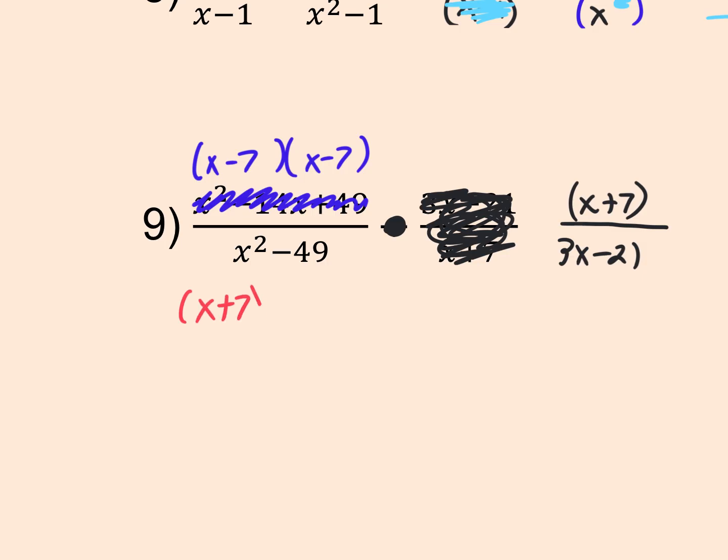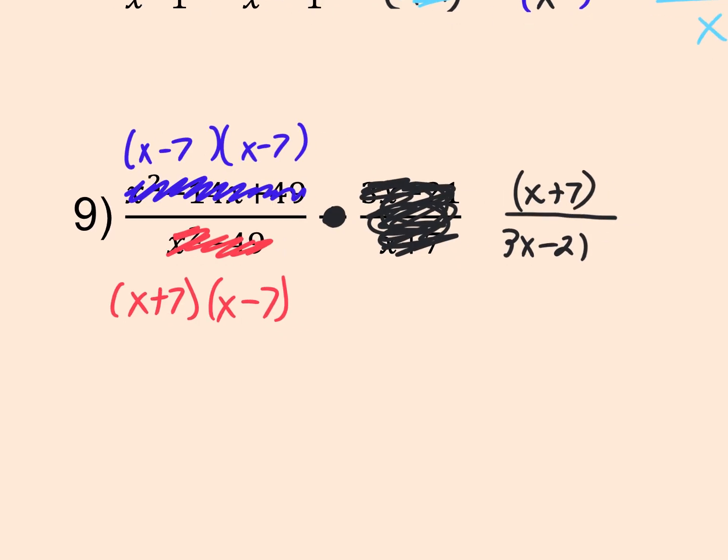X plus 7 and x minus 7. Bottom right. What can I take out of 3x minus 21? Take out a 3, and you're left with x minus 7. Great. And is there anything we can take out in the top right? No. So, guys, anything that's exactly the same top and bottom, let's cancel.